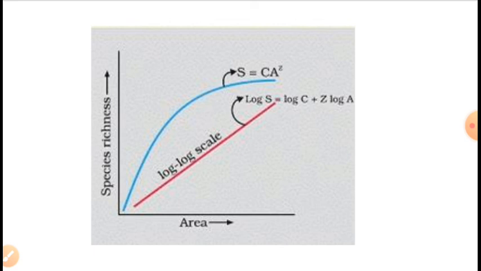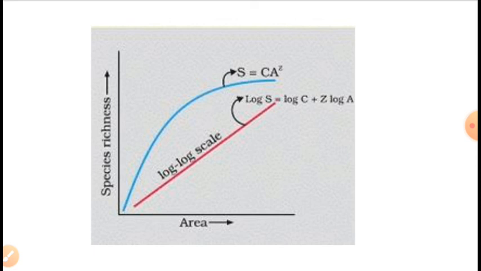But if we analyze the species area relationship among very large areas like the entire continent, it is different. The slope of the line is much steeper. The Z value is now not 0.1 to 0.2 but 0.6 to 1.2. And for frugivorous, fruit eating birds and mammals in the tropical forests of different continents, the slope is found to be 1.15.